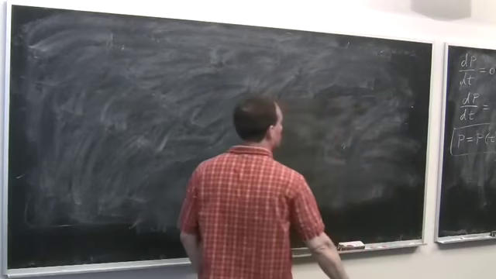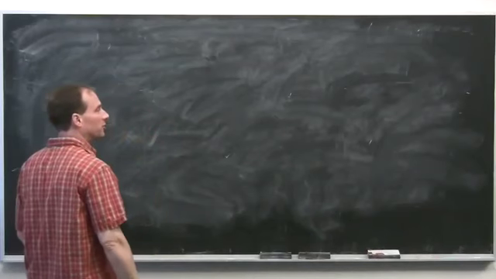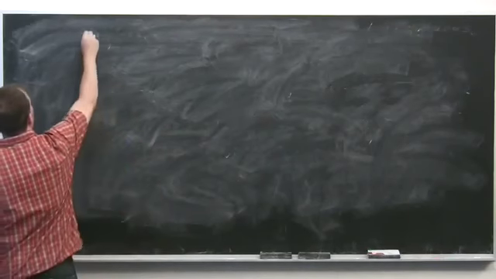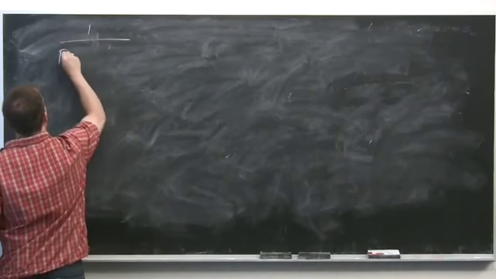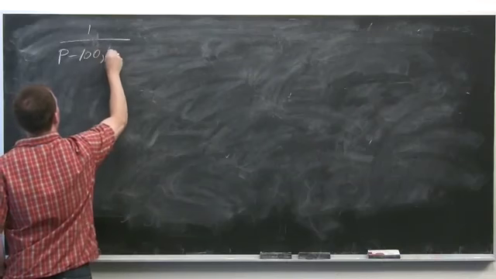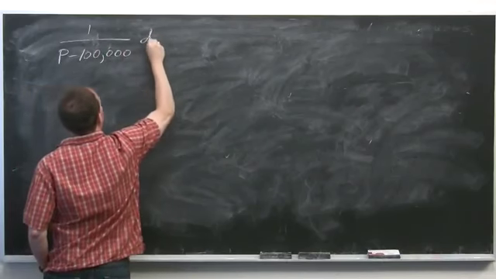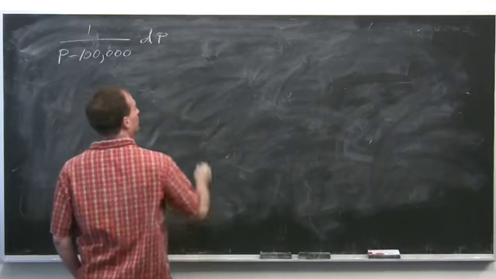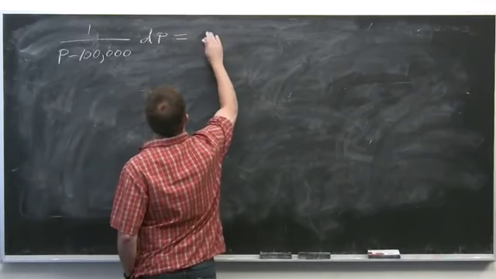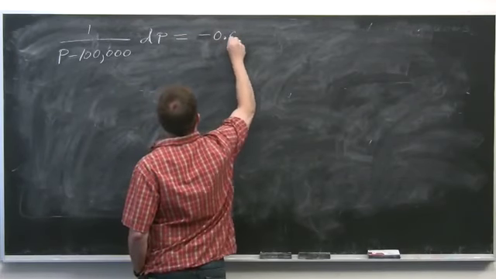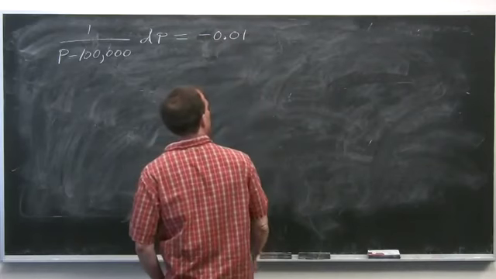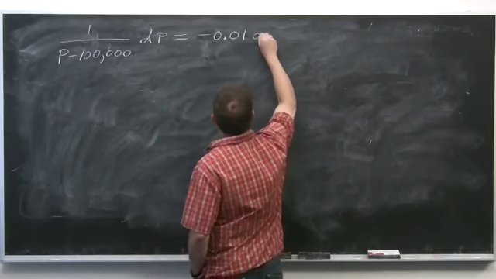So you divide both sides by P minus 100,000 and multiply by dt. You get 1 over P minus 100,000 times dP equals negative 0.01 times dt.